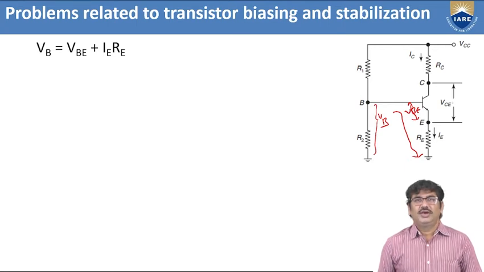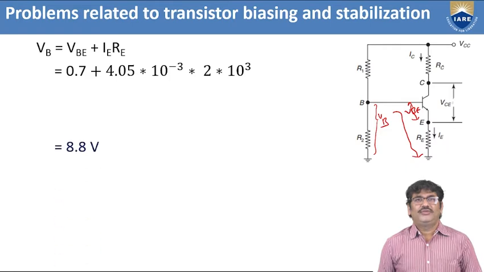From this, VBE is 0.7, IE estimated, RE given in the problem. So we can find out what is VB value. Upon substituting, VB is equivalent to 0.7 plus IE is equivalent to 4.05 milliamperes and RE is equivalent to 2 kilo ohms, that is 2 into 10 power 3. Upon evaluation, you will get VB is equivalent to 8.8 volts.